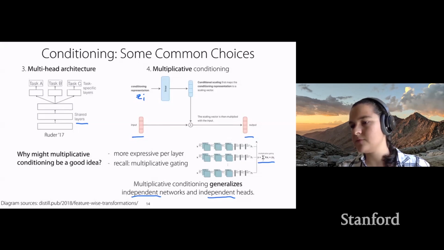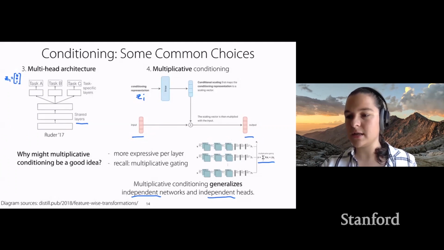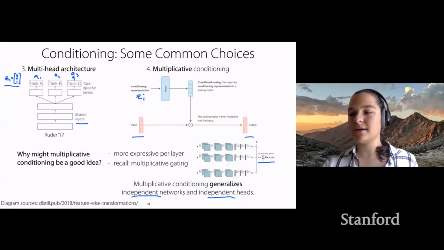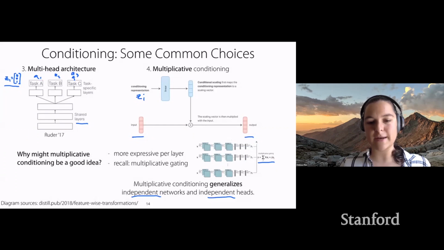You can view it as a choice of conditioning, in the sense that if Zi is basically 0, 0, 1, for example, you pass the input through all three heads and then gate it by this Zi, and then it will only give you the output of task C. If you take the dot product between A1, A2, A3 and Zi, which is a form of multiplicative conditioning, this will give you the output for the corresponding head.